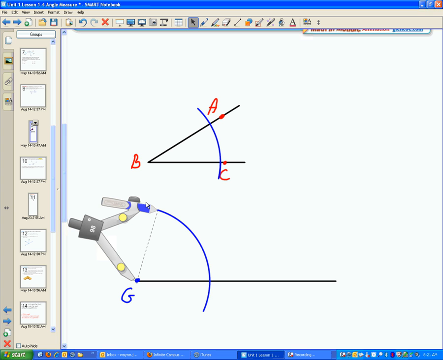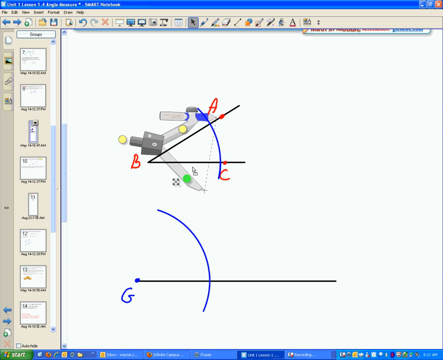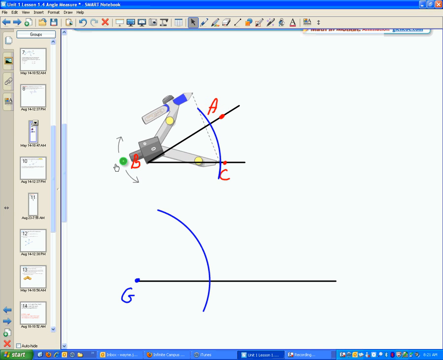What we do next is we take our compass, let's put one point where the arc crosses one side of our angle and adjust it until the pencil is where the arc crosses the other side of the angle.